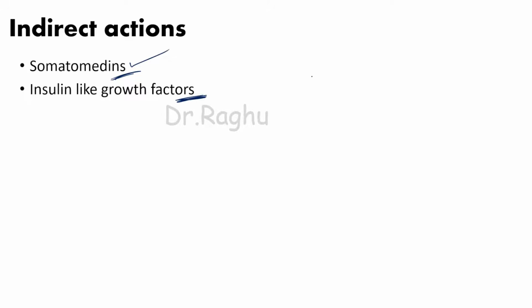If somatomedins, because of some reasons, are not produced, then the person is going to remain a dwarf. So that means the growth hormone is important, but if just growth hormone is present, then the action on growth is not going to occur.